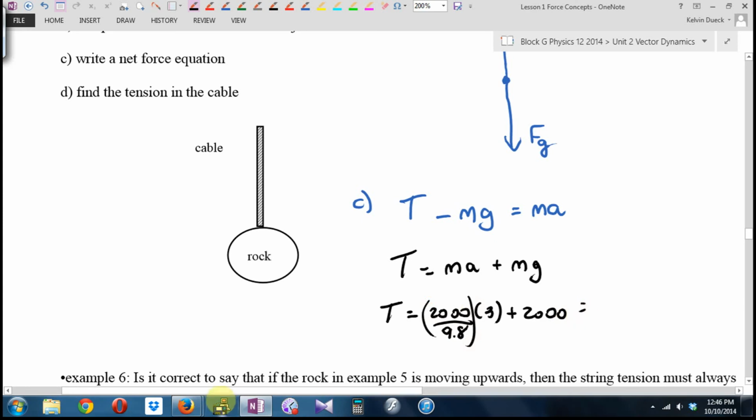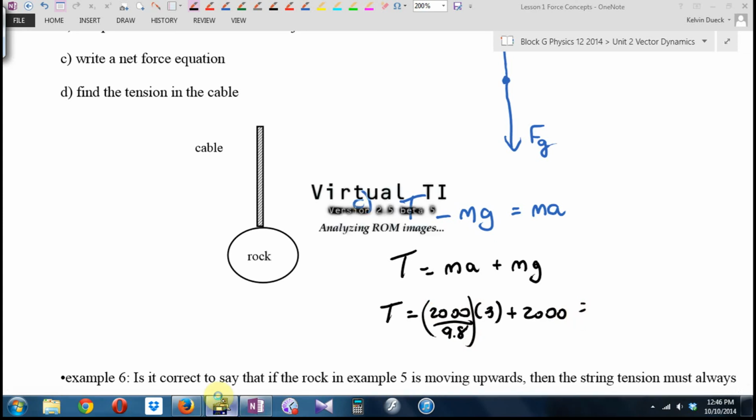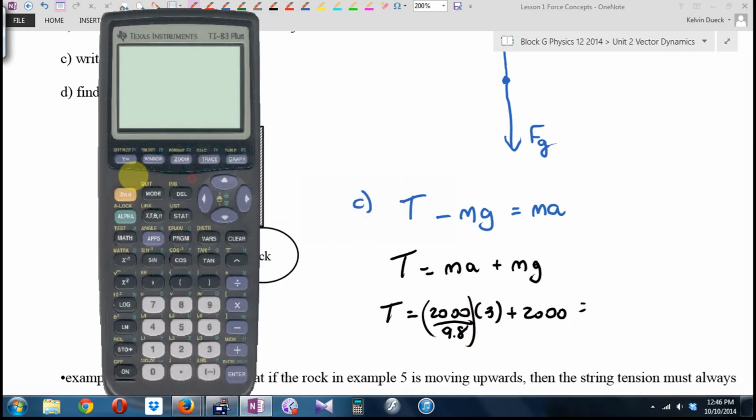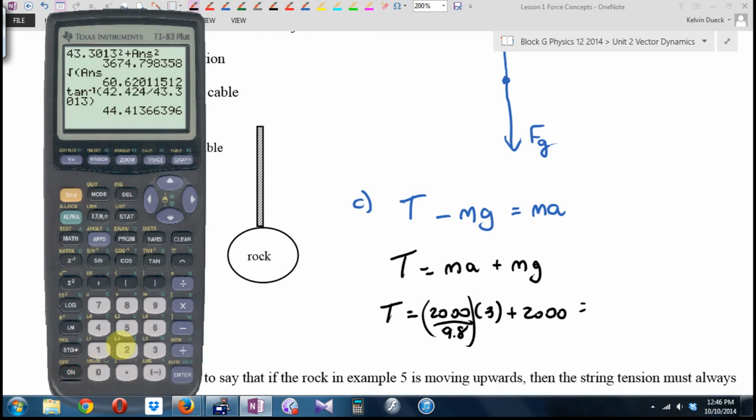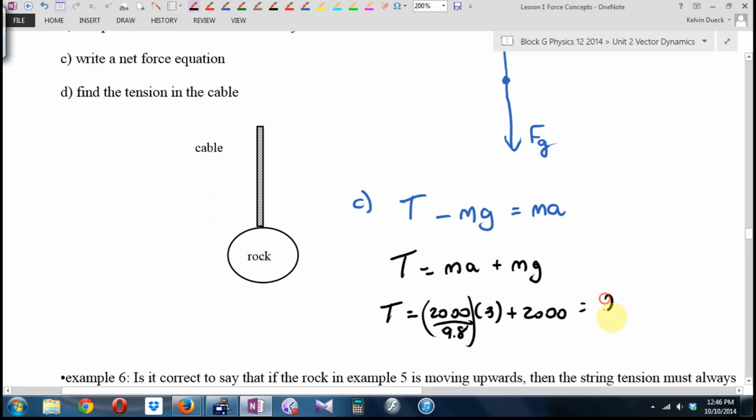The tension in this rope is 2,000 times 3 divided by 9.8 plus 2,000. The tension in this rope is 2,610 newtons. That's to 3 sig figs.